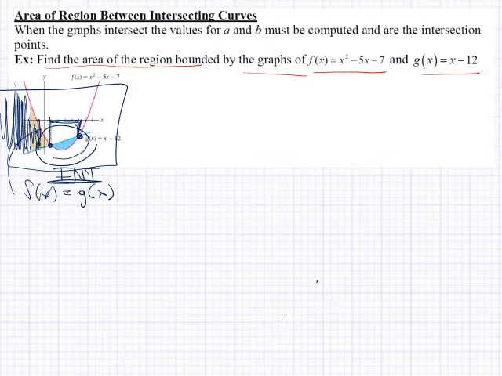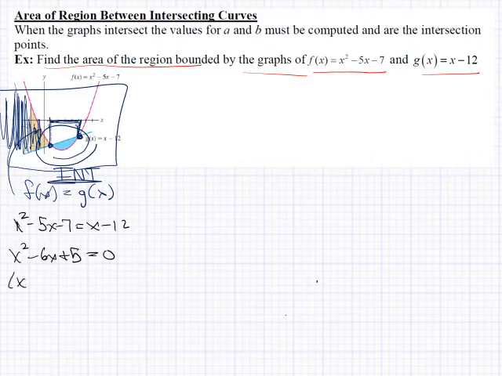And so in this case, we'd have to solve this equation that we're going to set up. So it would be x squared minus 5x minus 7 equals x minus 12. This is just a simple quadratic equation, so set it equal to 0. We get x squared minus 6x plus 5 equals 0.